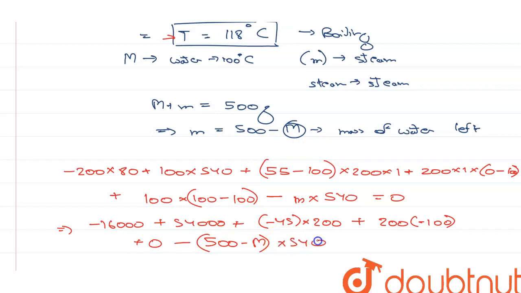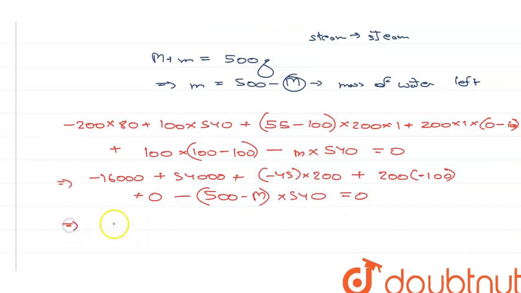So 500 minus capital M into 540 is equal to 0. Let's further simplify this.